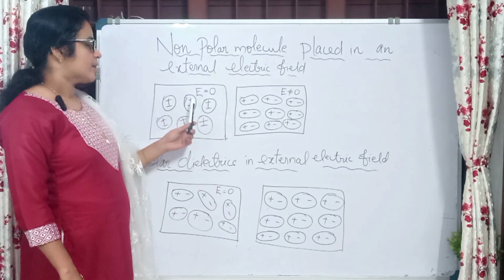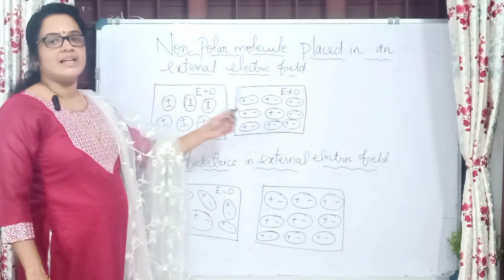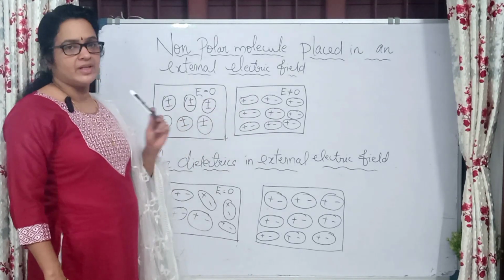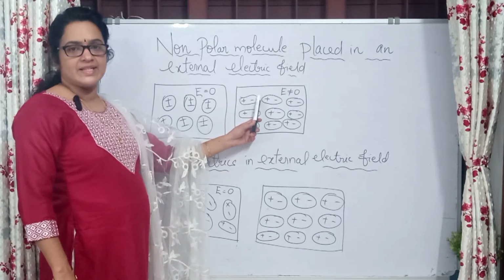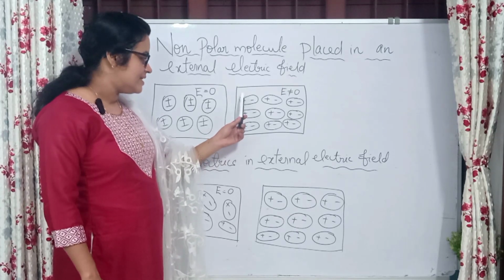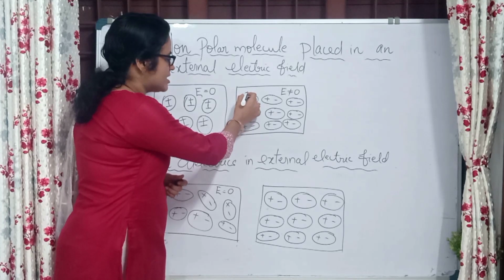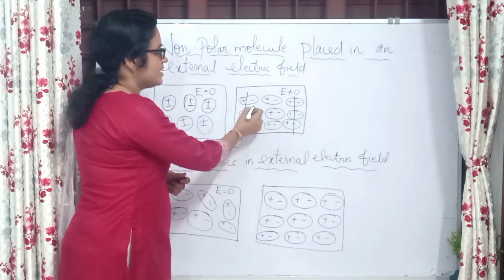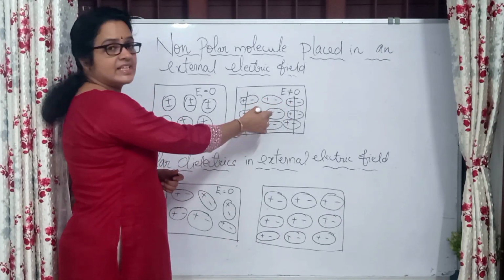Now we are placing this non-polar molecule in an external electric field. In such a case, what will happen? Here we can see the positive and negative charges will be moving to both sides, right? That will align in the direction of the electric field. Then on this side, all the positive charges are here, and the negative charges are there, and all the other charges in between will get cancelled.